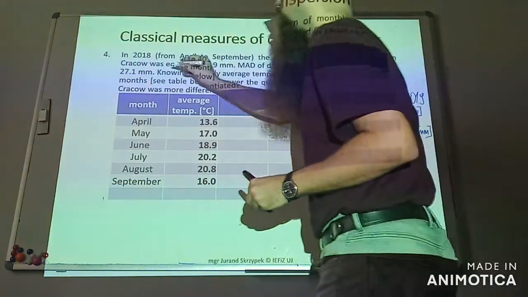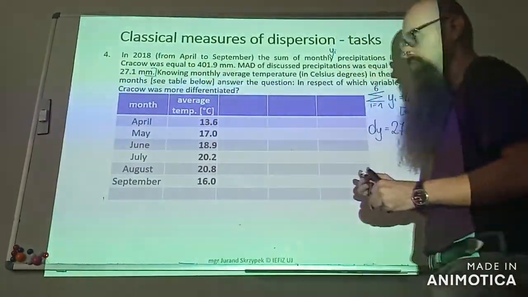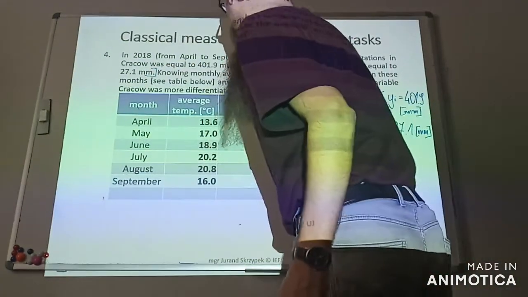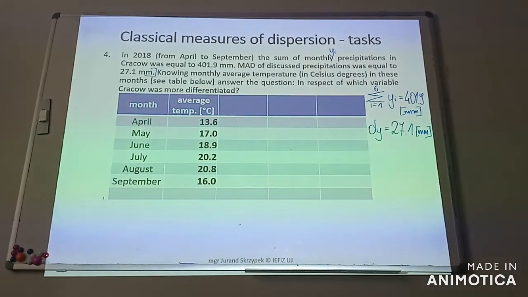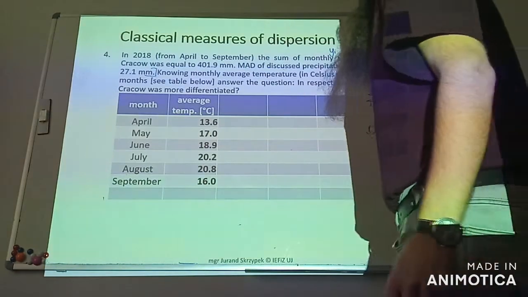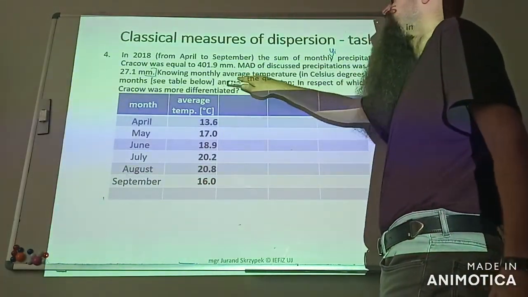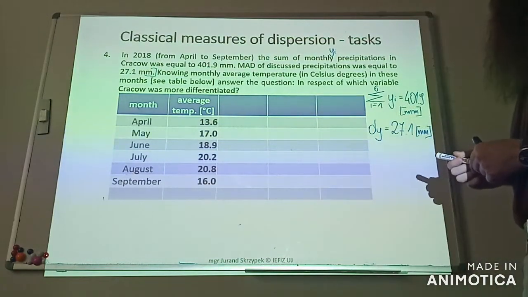And that's all the information about the precipitations. The rest of the task content tells us something about the monthly average temperature.